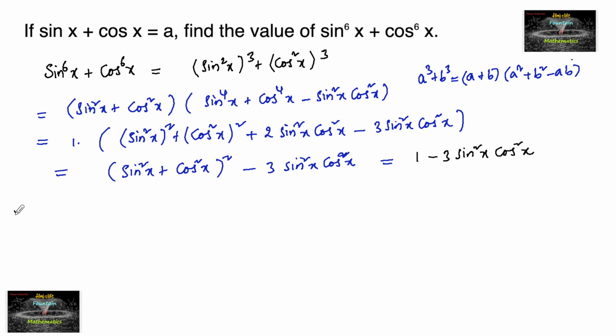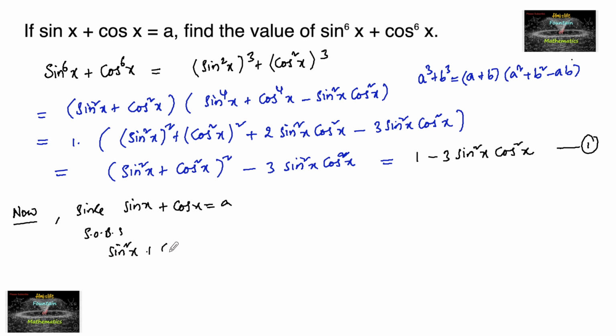Okay, now let us make this equation 1. Since sin x plus cos x is equal to a, on squaring both sides we'll have sin²x plus cos²x plus 2 sin x cos x, which is equal to a square.